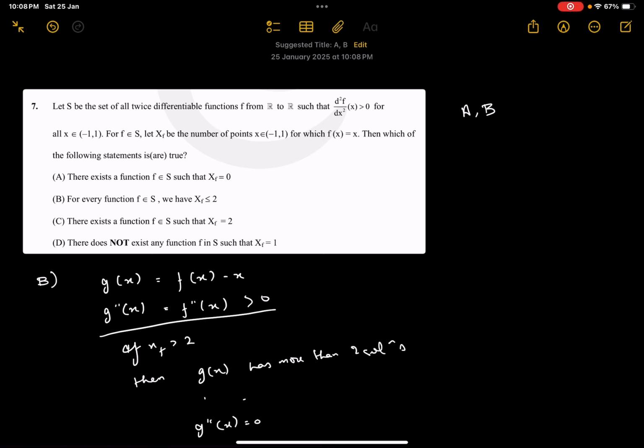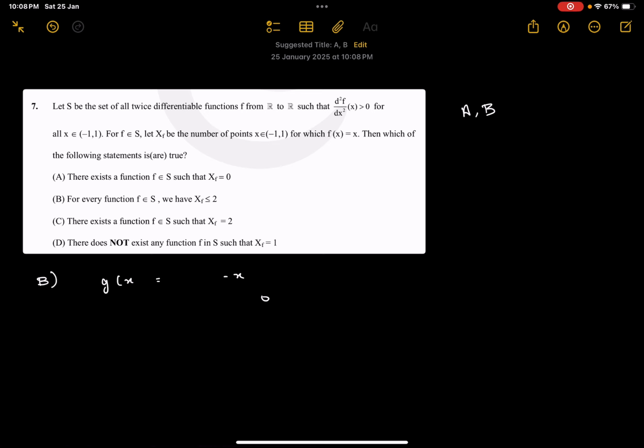Then for option C, the function f(x) equals x to the power of 4 satisfies this condition. So x to the power 4 equals x implies x into (x cube minus 1) equals 0.